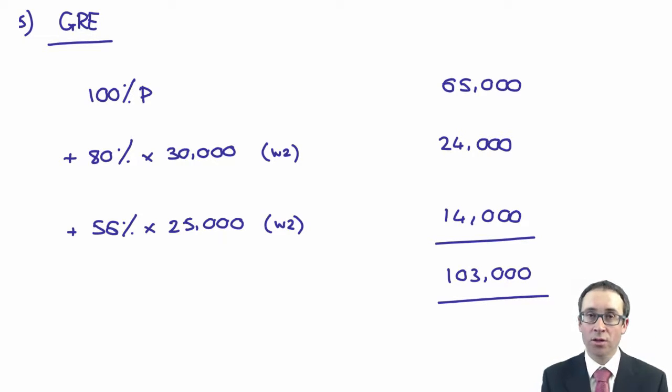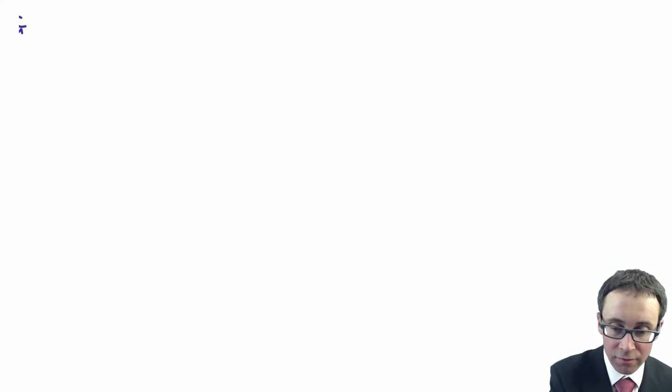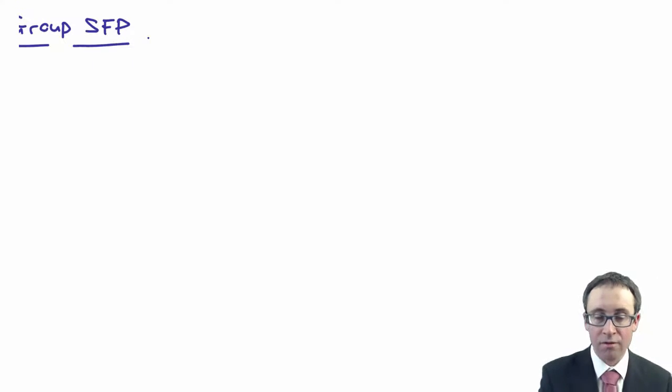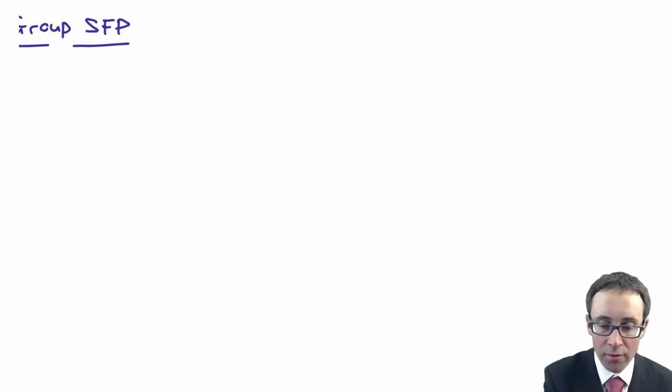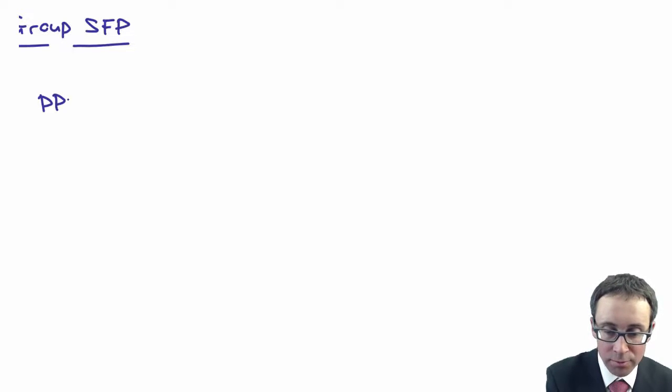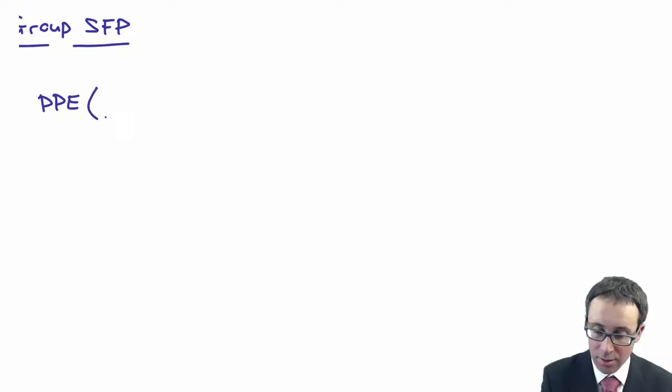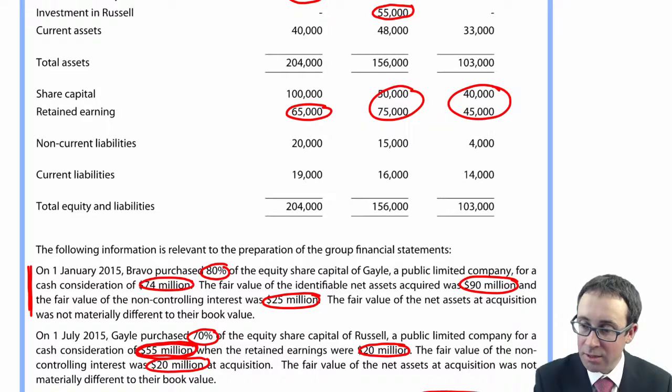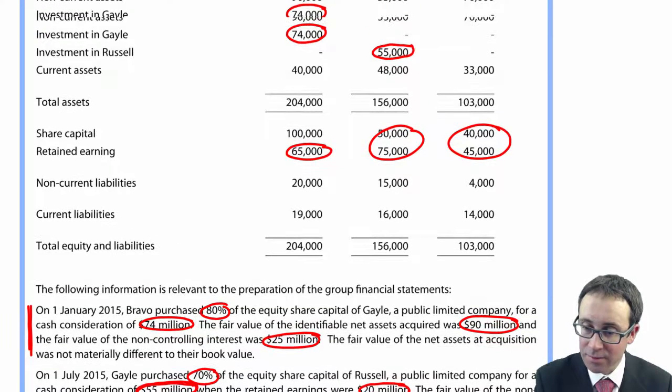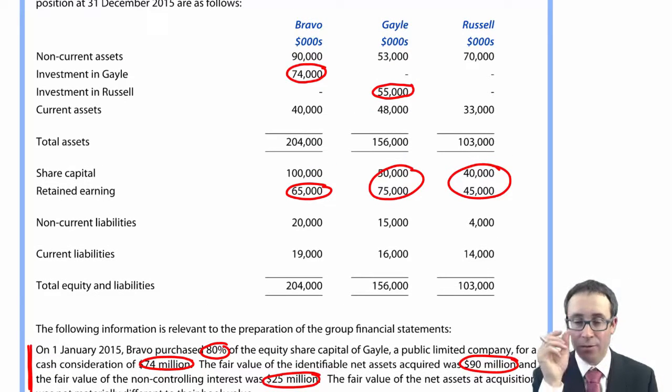That's where the majority of the marks come from. Now we can go through there and finish things off and look at the group statement of financial position. So what we've got there, same as always, property, plant and equipment. We need to look at 100% of P and 100% of S and 100% of SS, don't we?